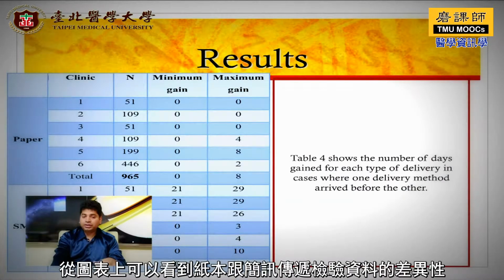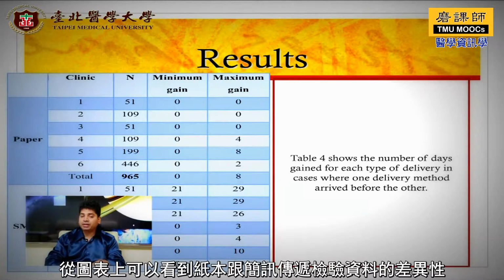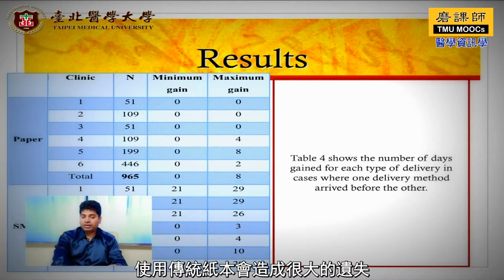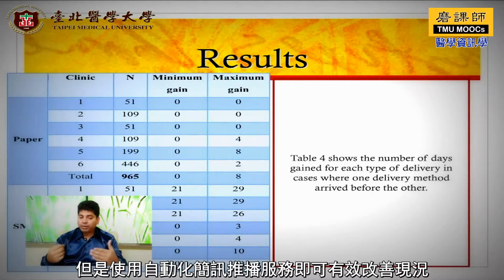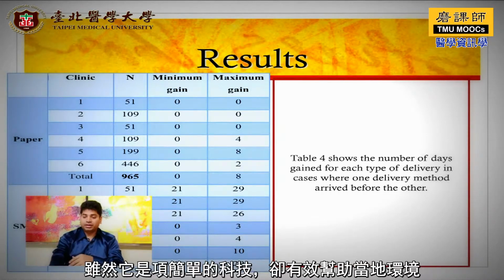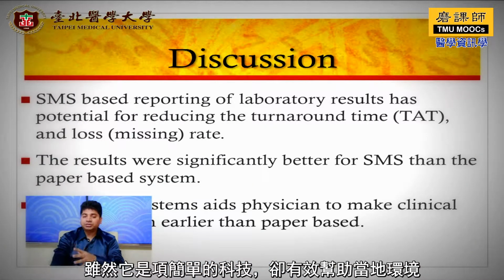And you see the maximum and minimum gain of days. In clinics 1, 2, 3, there is almost up to 1 month of gain from using SMS, meaning if they use paper, results were arriving 1 month later than SMS. So that is how our system is working.